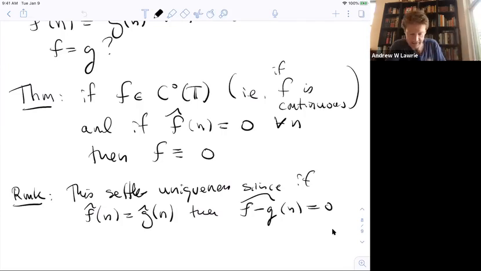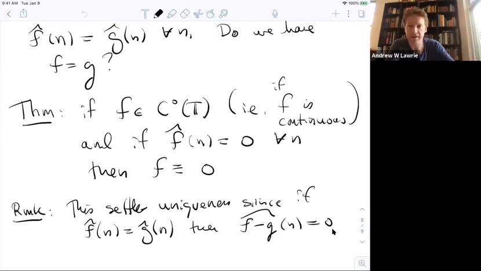And so here the claim is that the functions that we're allowing can be actually quite bad, right? Let's imagine that Fourier's theorem is true. It's almost true. The continuous functions can be quite crazy, and it's kind of surprising that they can be represented by their Fourier series.